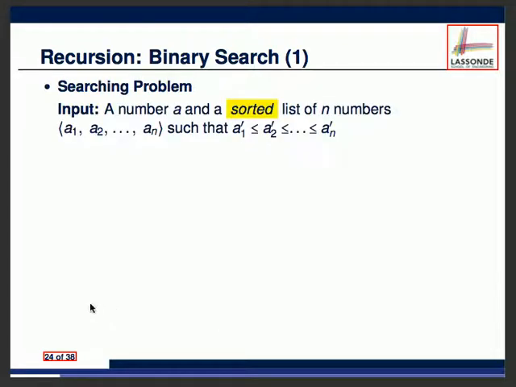Basically, you're given a number A, which is something you want to search for, and a sorted list. In this particular binary search, there's a fundamental assumption we make. I will ask you about it later. I won't tell you why, but let's say we assume that the sequence or array we are given is already sorted. How do you sort it? You can use selection sort, for example. It's already sorted.